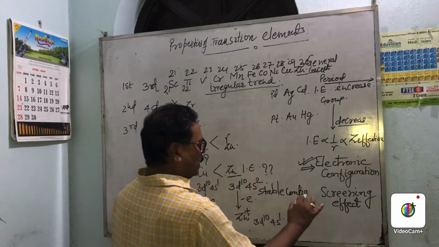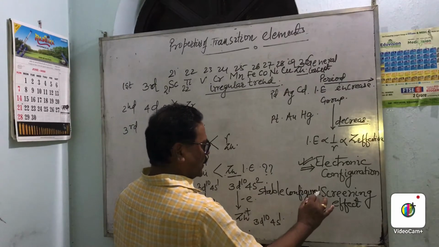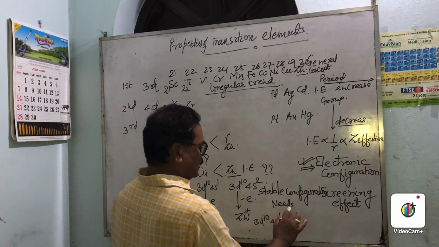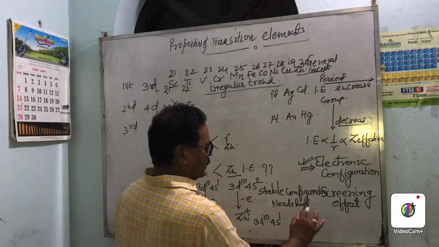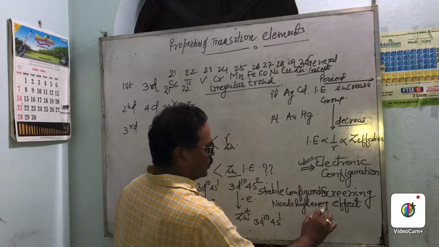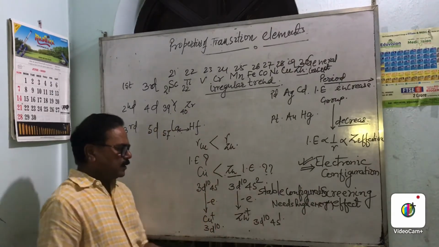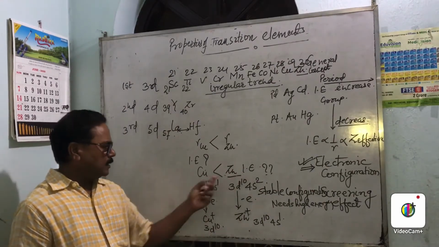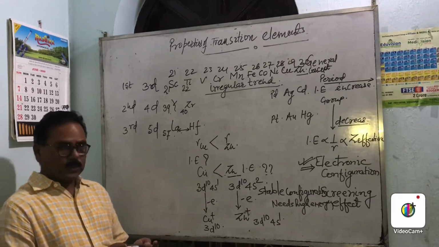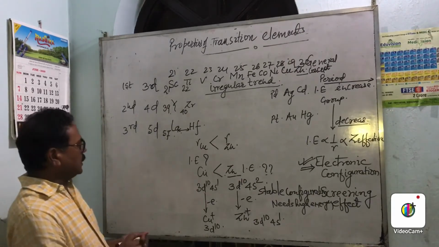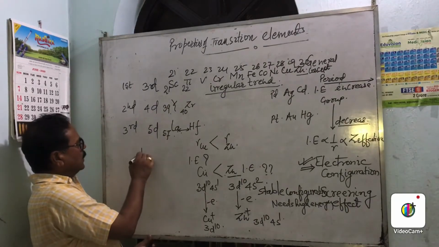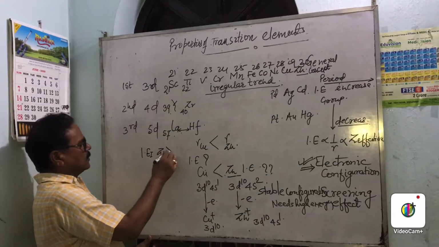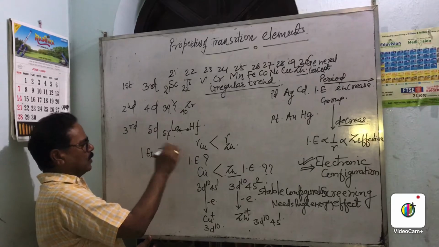It needs very high energy. So if it needs very high energy, it means the first ionization energy of zinc is higher than that of copper.